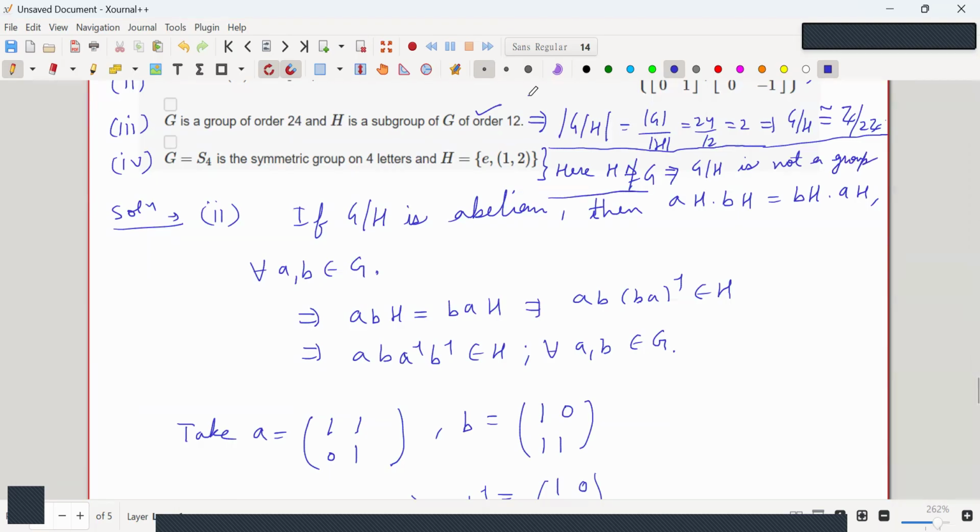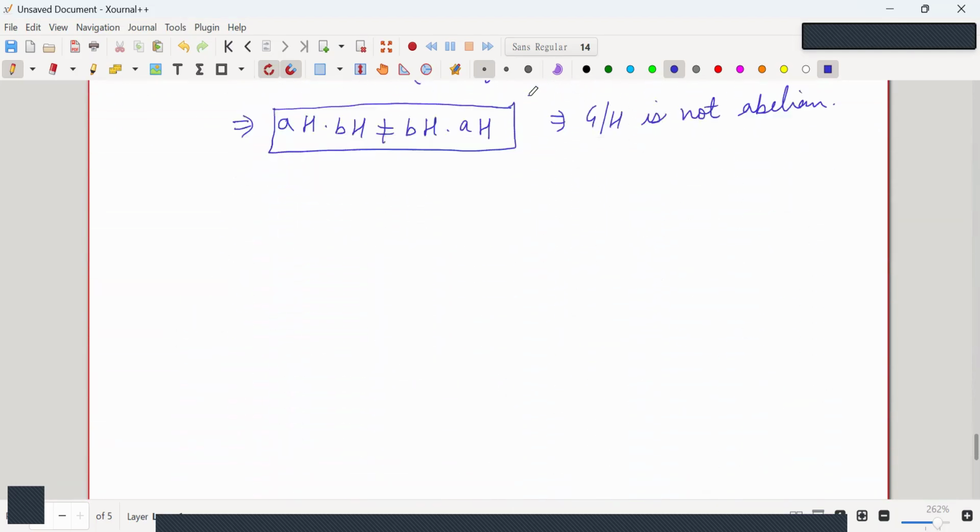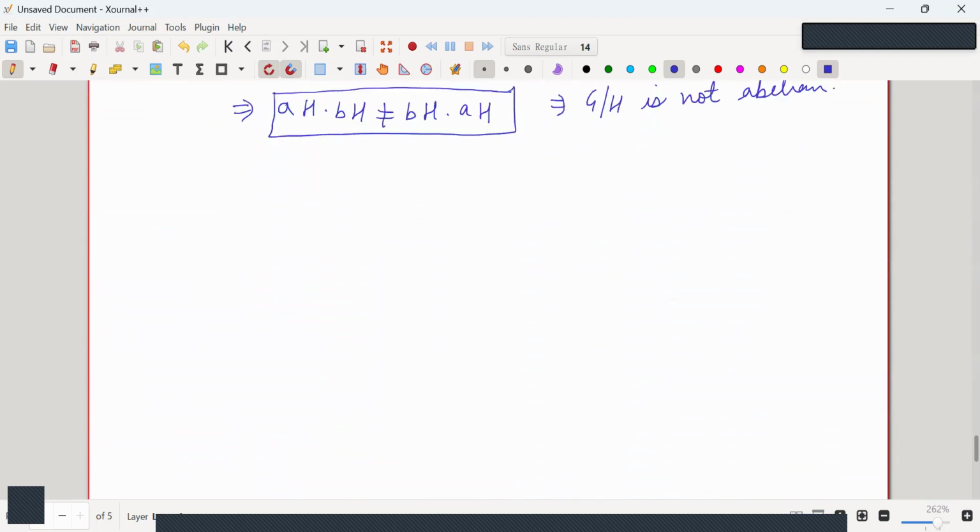So this is not true. Good. I think we can move to the next part.